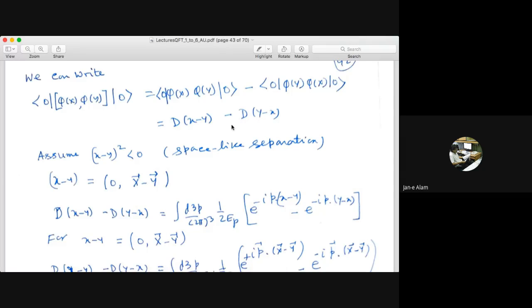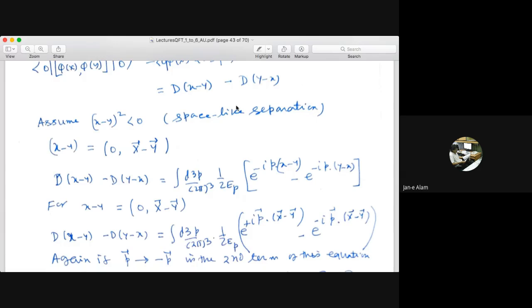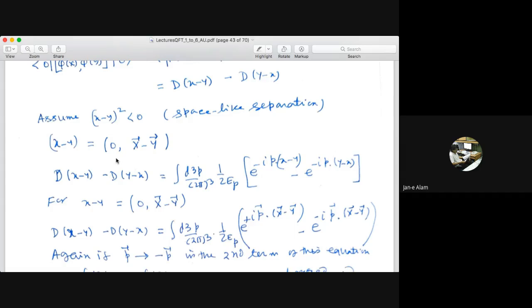We showed that in the space-like domain, the 4-vector square should be negative. If you make the particular choice that the temporal component is 0, the spatial component counts with a negative sign, so a negative of some squared quantity. This kind of choice will give you a space-like domain.